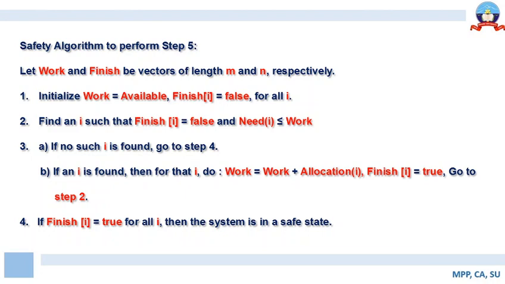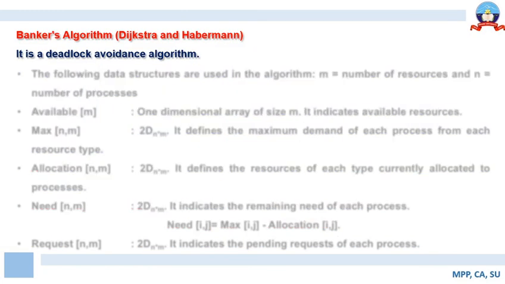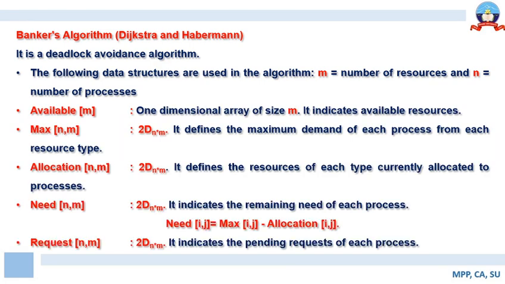So in today's class, what we have learned about is what Banker's algorithm is, the objective of Banker's algorithm, we have discussed the various attributes of the Banker's algorithm, the types of the attributes, and we have also specified the purpose of each of the attributes of the Banker's algorithm.